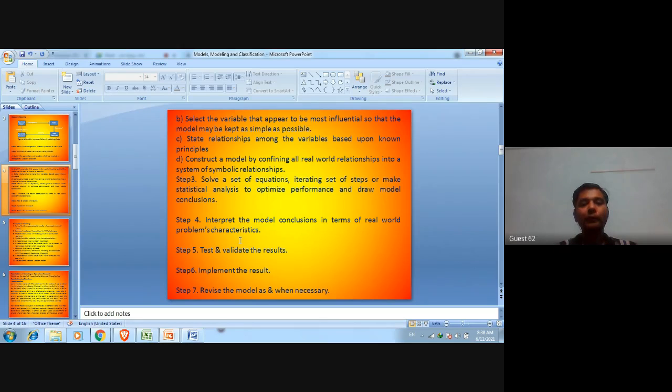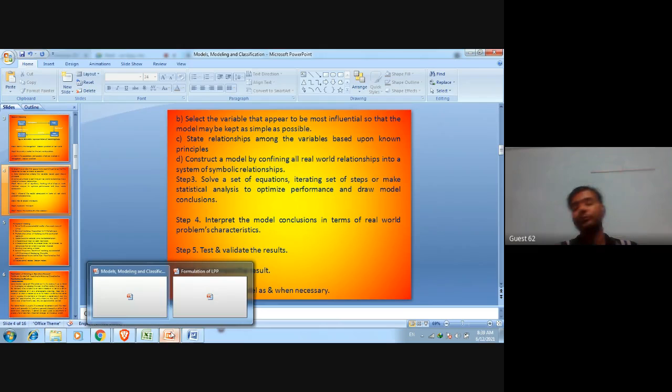You have to interpret the solution that you have found from the model according to your problem. Suppose you have got x1 equal to 15 and x2 equal to 40. So 15 and 40, what are these?